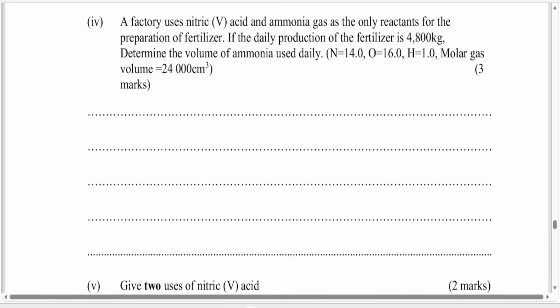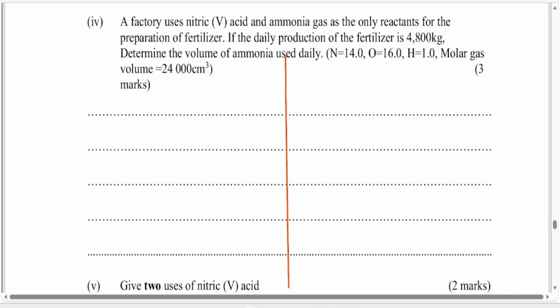If the daily production of the fertilizer is 4,800 kilograms, determine the volume of ammonia used daily, given that the relative atomic mass of nitrogen is 14, oxygen 16, hydrogen 1, and the molar gas volume is 24,000 cubic centimeters.